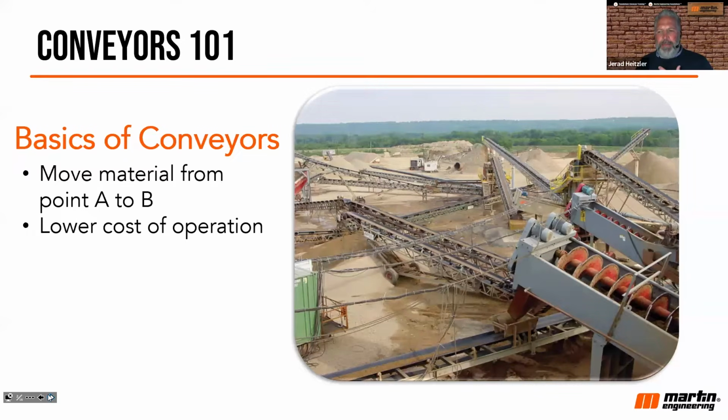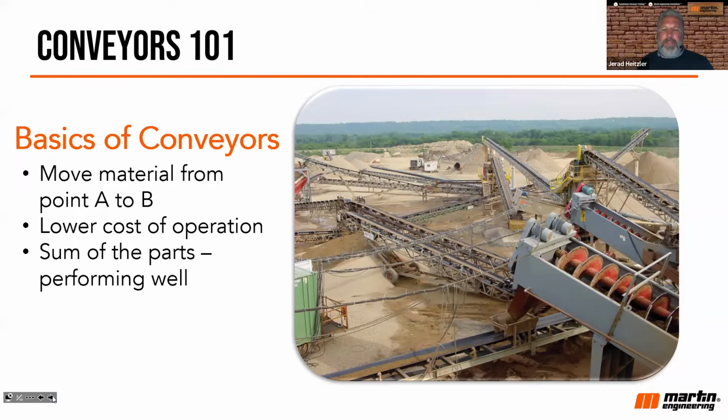So think of a conveyor belt like a treadmill. They're very similar in that there's just some minor components that work together to move that belt. And we're going to talk more about that and then the intricacies of bulk material handling conveyor belts. It's a sum of the parts.